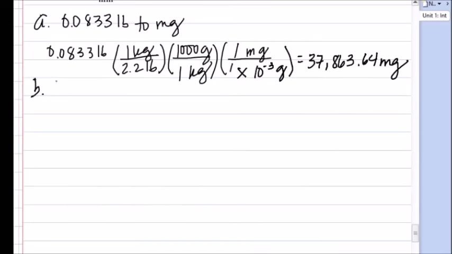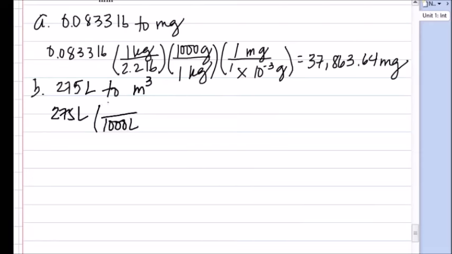So, let's try letter B. So, ang tanong naman doon is 275 liter to cubic meter. Okay, so yun naman yung tanong, no? So, we can have 275 liter. So, pwede natin gamitin na lang ng 1,000 liter kada cubic meter. So, pwede natin makuha is 0.275 cubic meter.